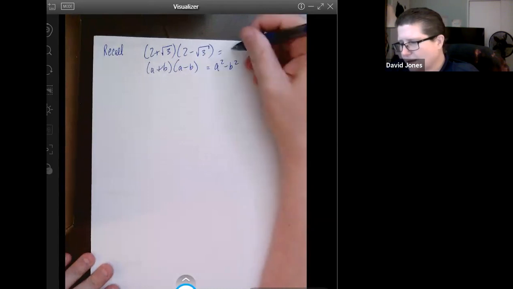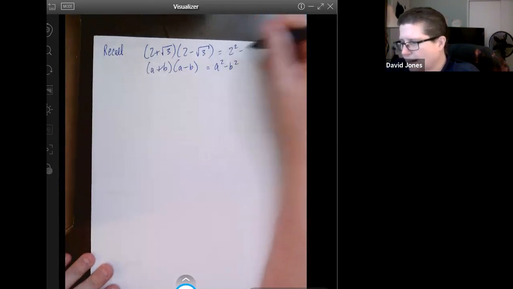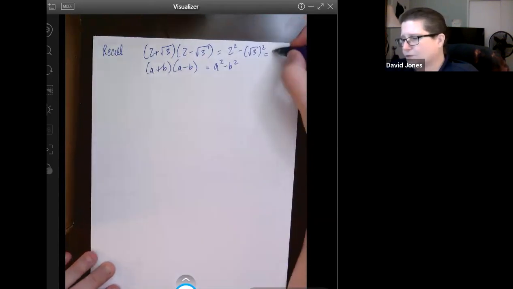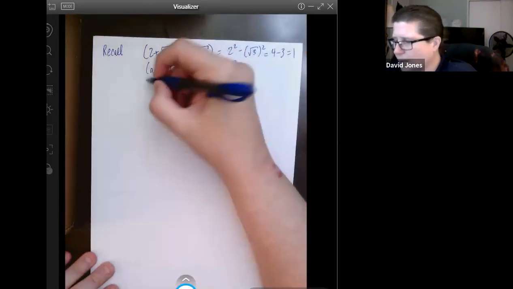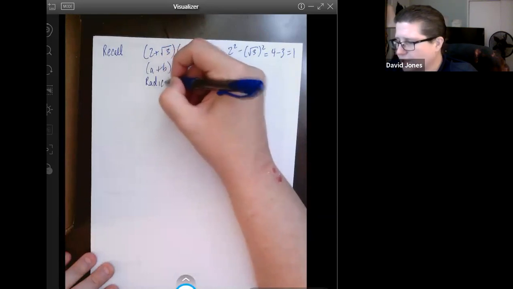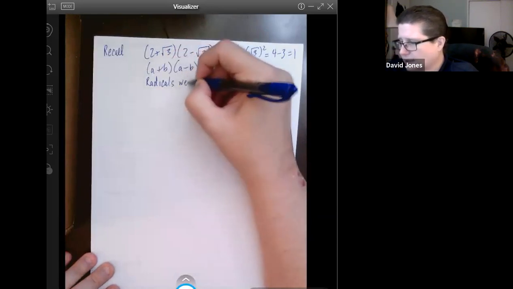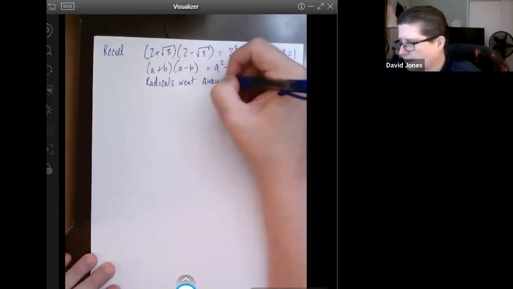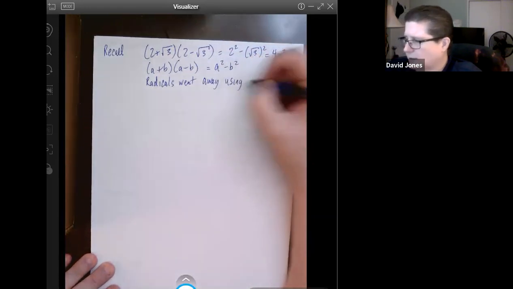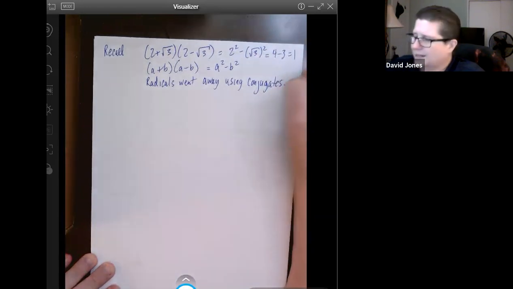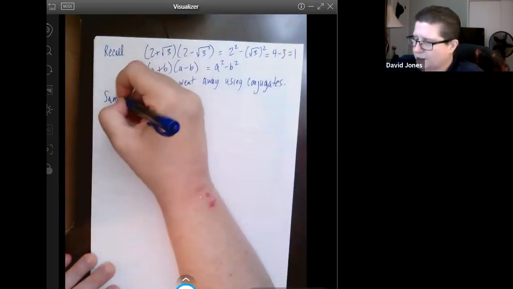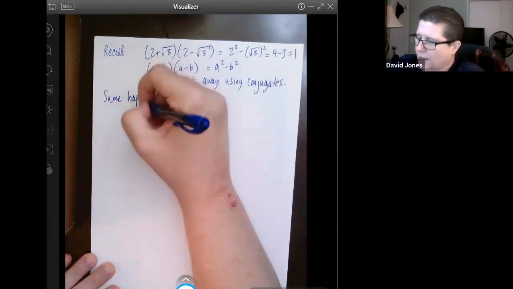This ends up being 2 squared minus square root of 3 squared, which is 4 minus 3, which equals 1. The radicals went away using conjugates. The same happens with imaginary numbers or complex numbers.